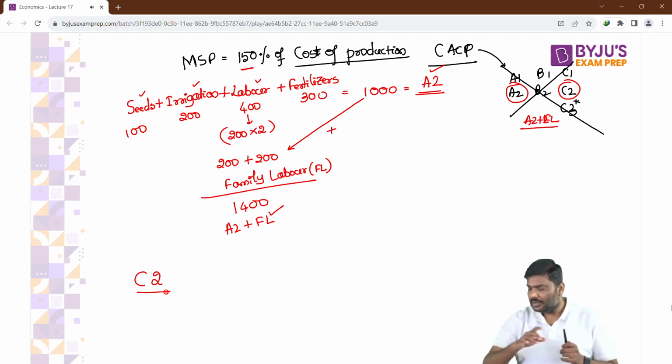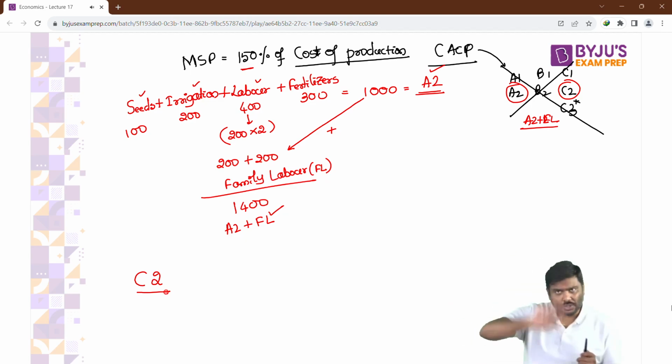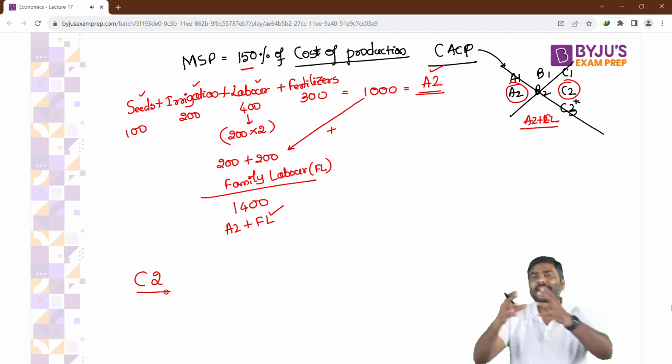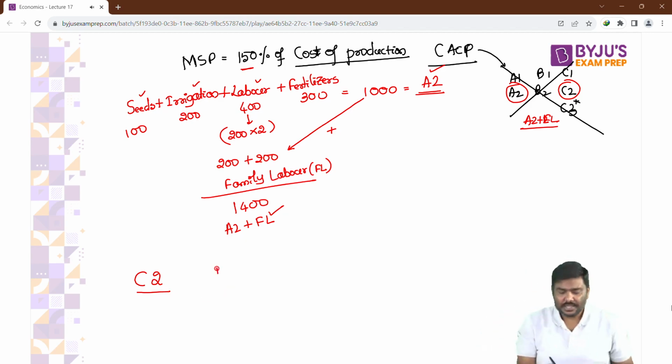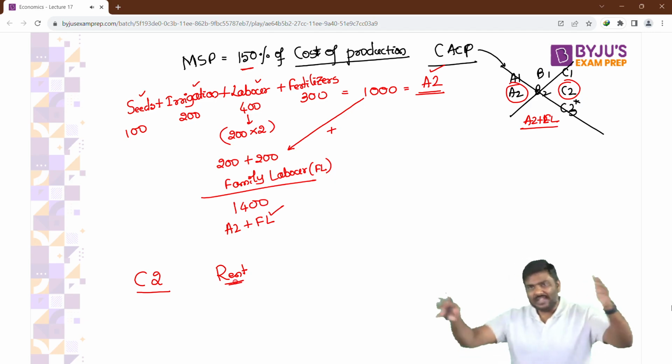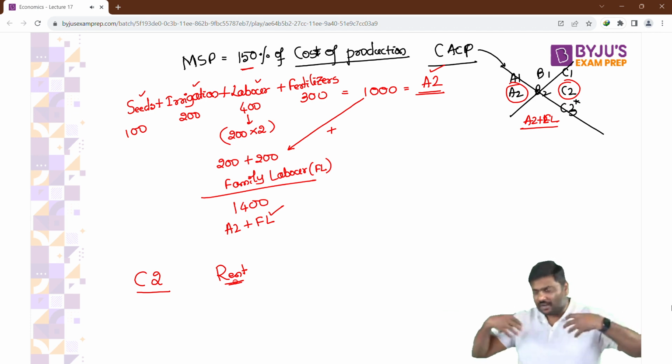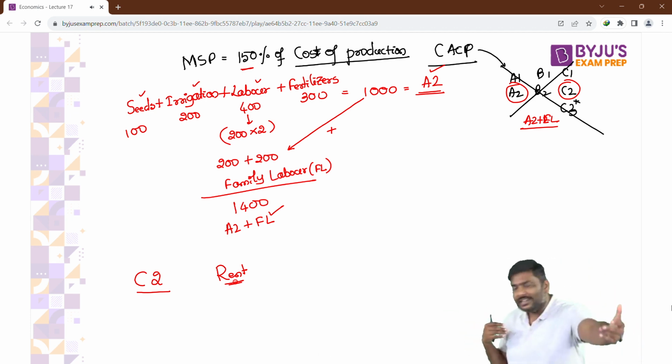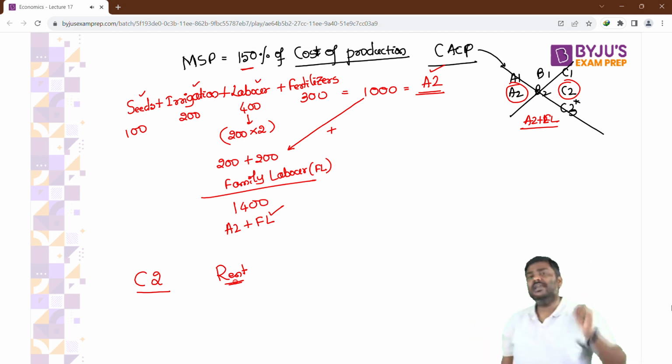But in addition to all of it, what if I take a land on rental basis, I will pay land rent. Imagine the land I'm using for cultivation is not my own land. I've taken the land on rental basis from somebody else. I did not count land rentals earlier, so I will add land rentals now.